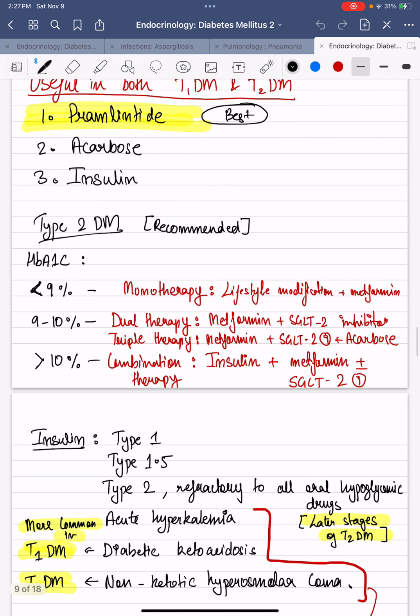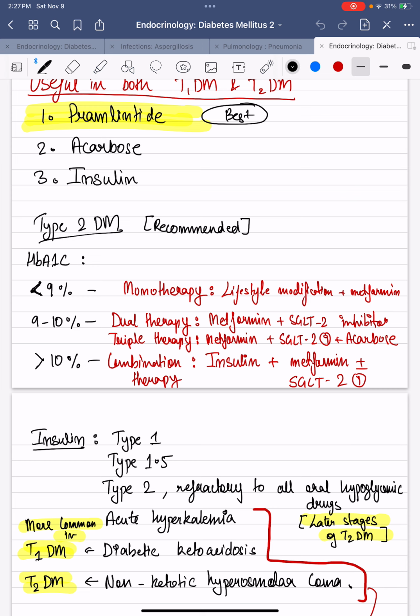Now let's see what is the recommended treatment or management for type 2 diabetes mellitus. So if the HbA1c level of the patient is less than 9%, we will use monotherapy. So monotherapy is lifestyle modification.